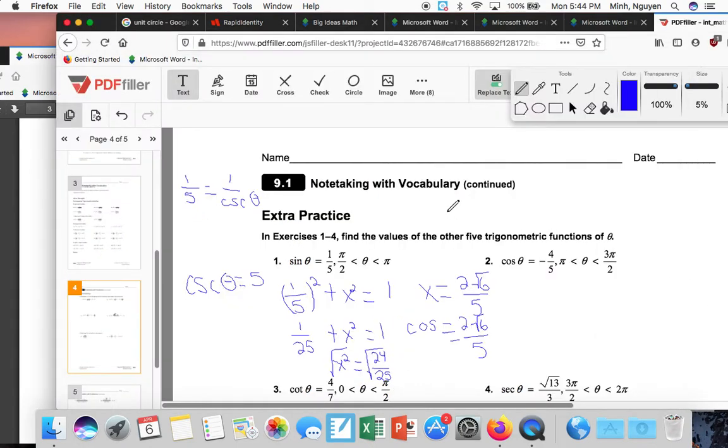So let's do it. Reciprocal. Negative 5. Gosh darn it. Sorry about that. Negative 5 over 2 root 6. But I don't want any radicals in the denominator, so I'll simplify that by multiplying by root 6 over root 6.